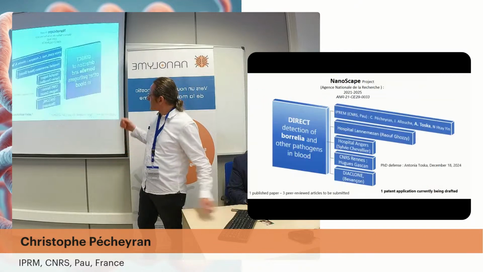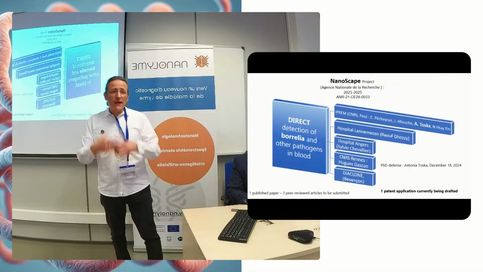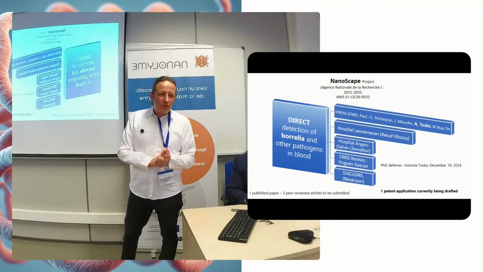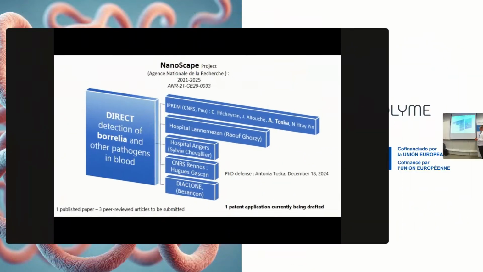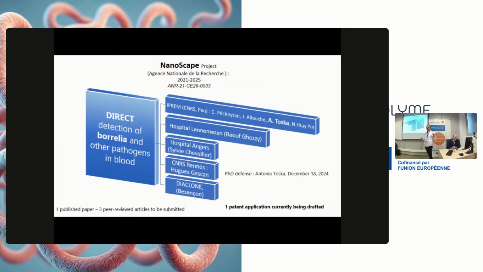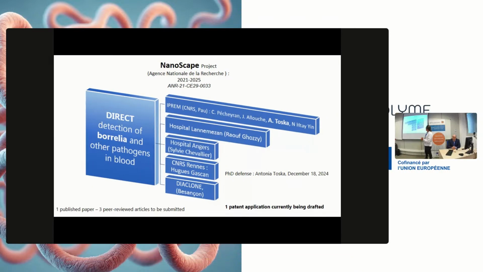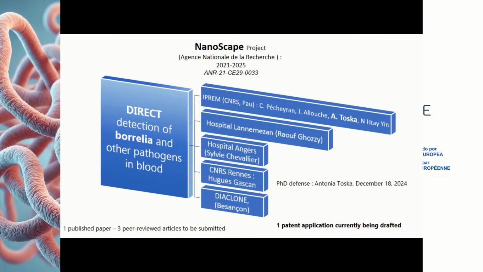And so we set up a project, and we tried to make a kind of dream team, and we applied to a national call for projects, very selective, very challenging. We call that ANR, and we got this project Nanoscape, with this idea of direct detection of the bacteria themselves. The project was with these partners: IPREM, so my lab, with Joachim Alouche, Antonia Tosca, who is right there, and we had the opportunity to have a PhD with this project, and a postdoc.